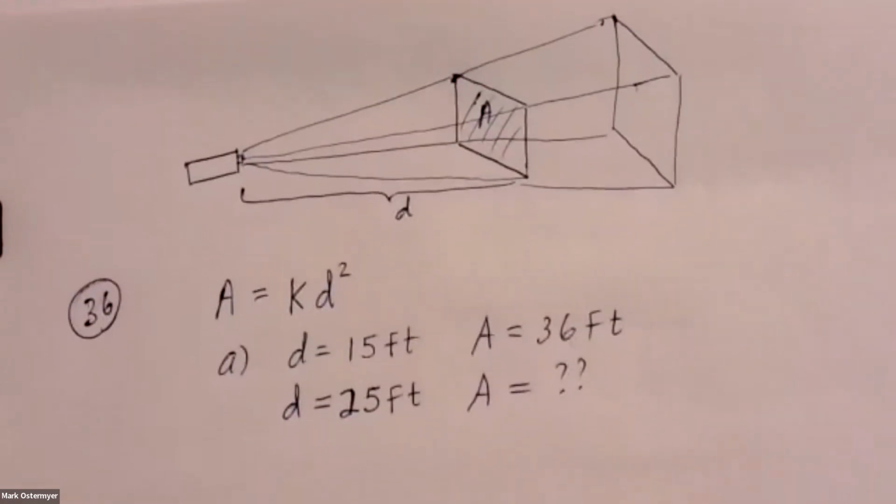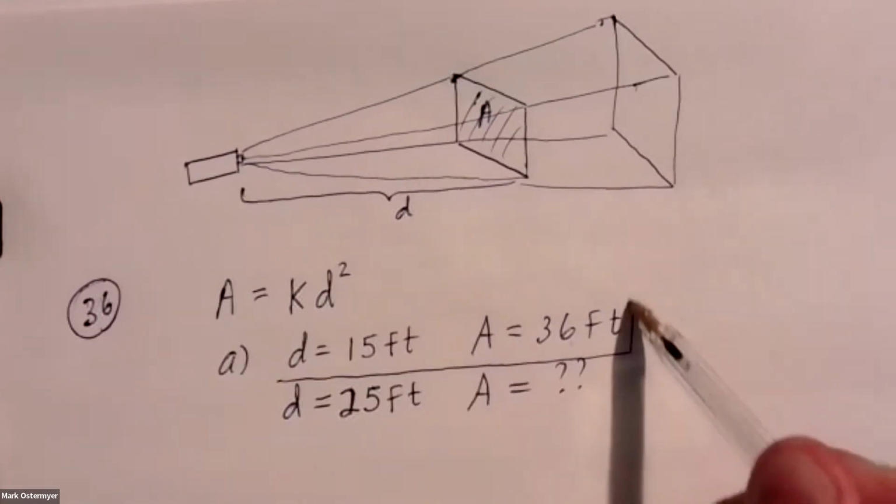Okay, to do this problem, what's the first thing we need to find? What do we got to find first? We must find the value of K. In order to find K, we're going to use this data right here.